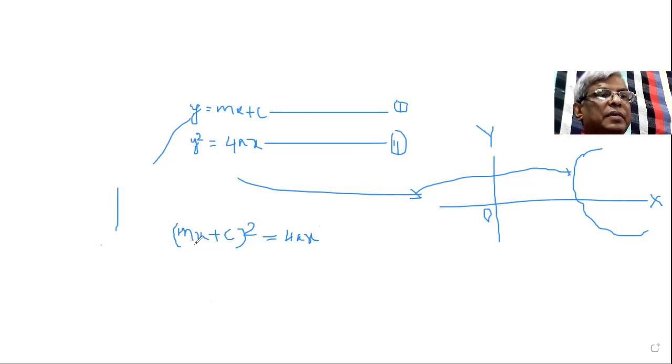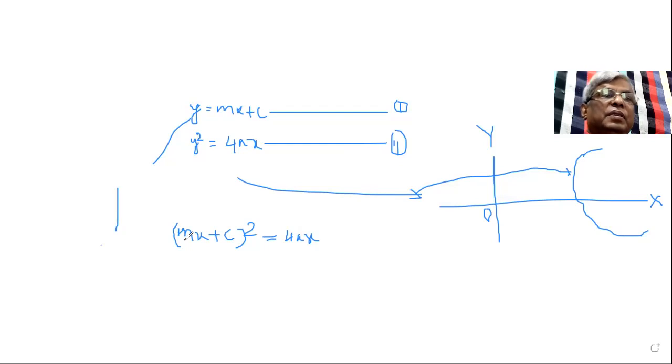Now expand this mx plus c in the pattern of (a plus b) whole square. So this will give you m square x square plus 2mxc plus c square is equal to 4ax. Convert this into a quadratic equation.